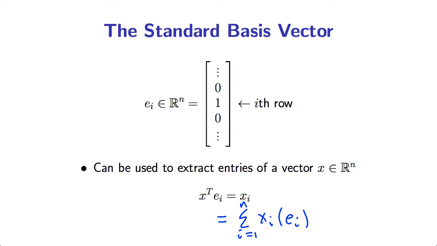I should probably use a different index here, so I'm going to write this as j equals 1 to n, because I'm already using i here. The sum from j equals 1 to n of x_j e_i sub j. But of course, all these terms are 0 except when j equals i, so this will just equal x_i as written above. Another way of thinking of this is e_i is the ith row or ith column of the identity matrix.